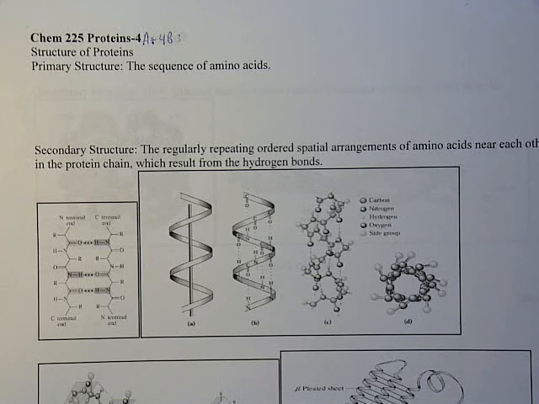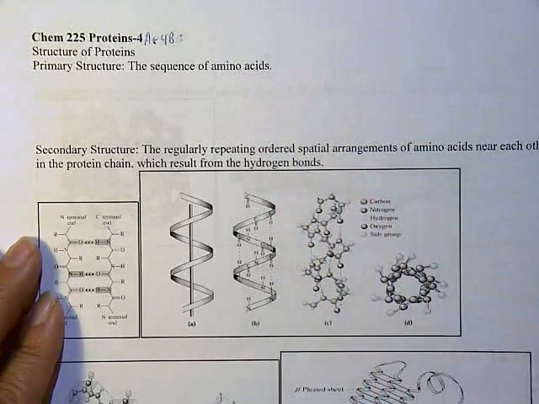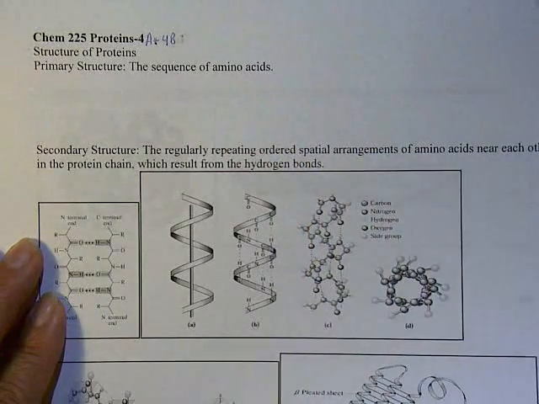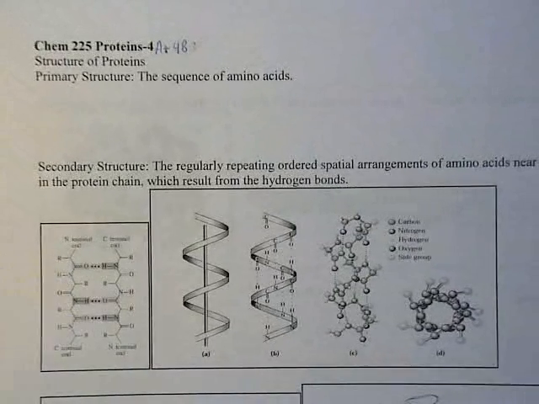Okay, so the simplest level is the primary structure of protein. What that is, is basically the sequence of amino acids as shown in this handout. When the hormone insulin was discovered, the sequence of 51 amino acids was determined, as I'm going to show you right now.